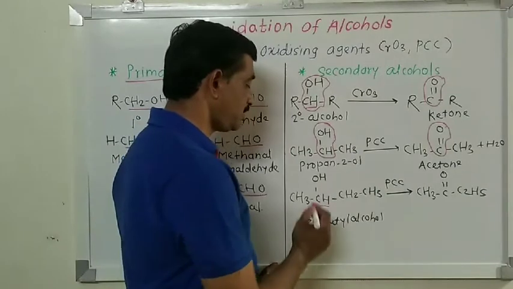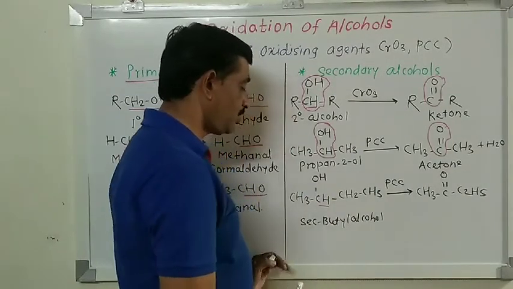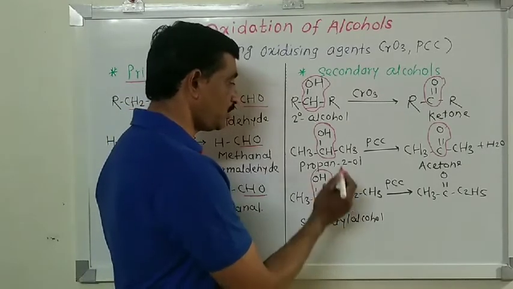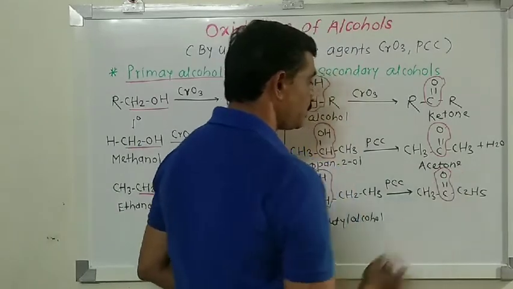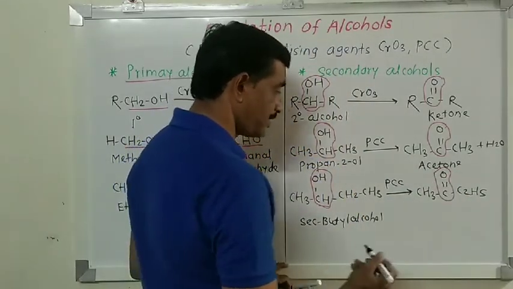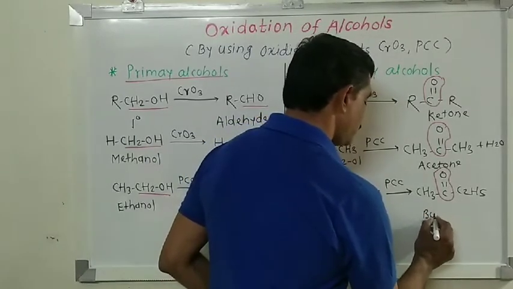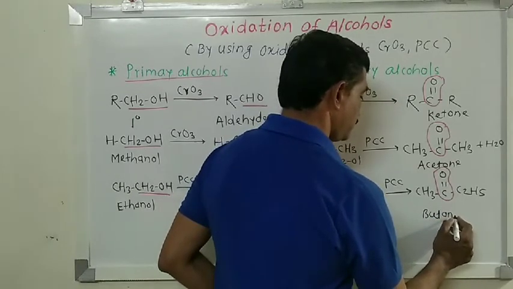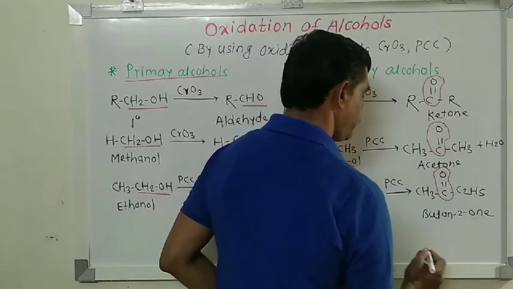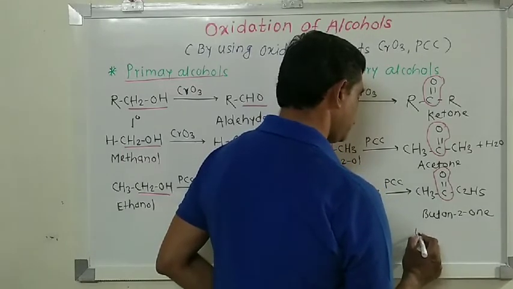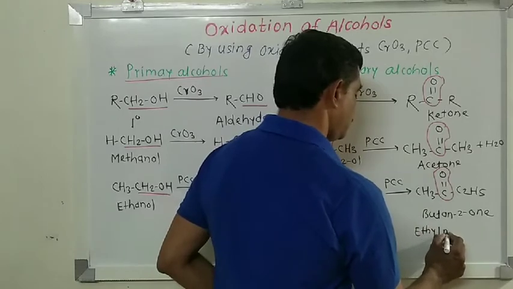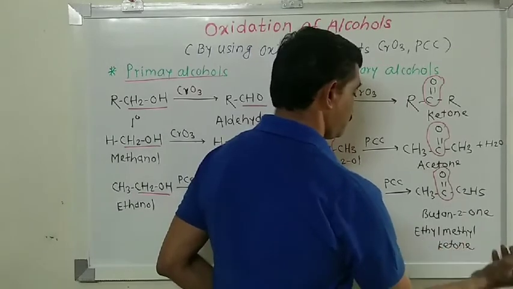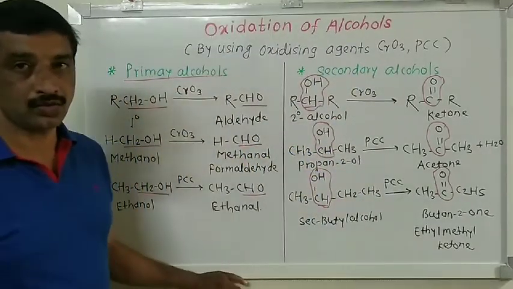So in this chemical reaction also, the CHOH group of the secondary butyl alcohol is converted into the carbonyl group, and we get the product here as butan-2-one, or it is also known as ethyl methyl ketone, or butanone, 2-butanone.